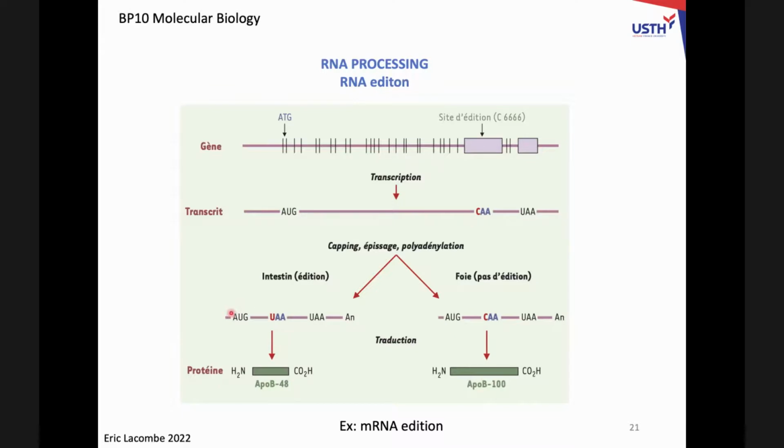So in the intestine, the protein translated from this edited version of the mRNA will have a premature translation stop. The protein will be stopped before the normal stop, and its molecular weight will be only 48 kilodaltons.